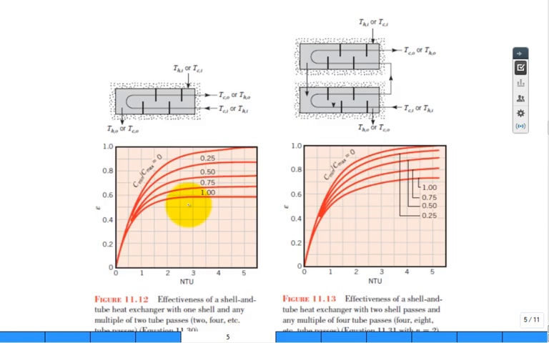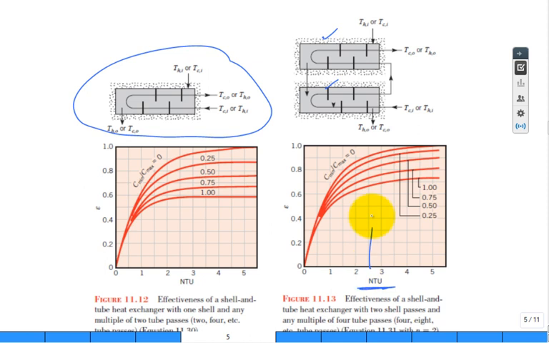Here are the plots. Here's a plot for one shell pass with tube passes back and forth, or here are 2 shell passes. Again, you could come in here knowing the size, calculate the NTU, come up to whatever ratio of heat capacity rates you're at. Maybe you're at this value, which looks like 0.5, and then read off 0.8 as the effectiveness.